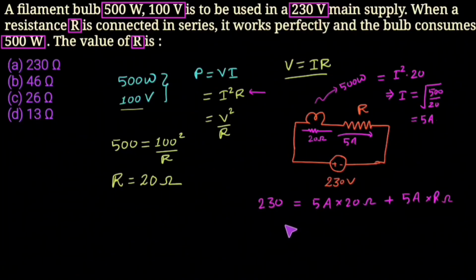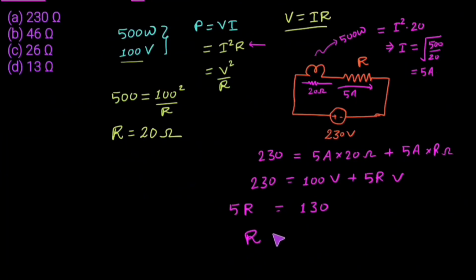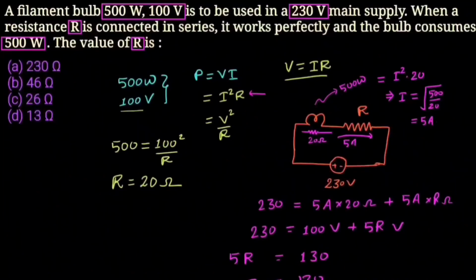So 230 volt equals 100 volt plus 5R volt. Here 5R volt is equal to 230 minus 100, which is 130. From here the value of resistance connected is 130 by 5, which is equal to 26 ohm. So if we match our answer with the options given, option number C would be the correct one.